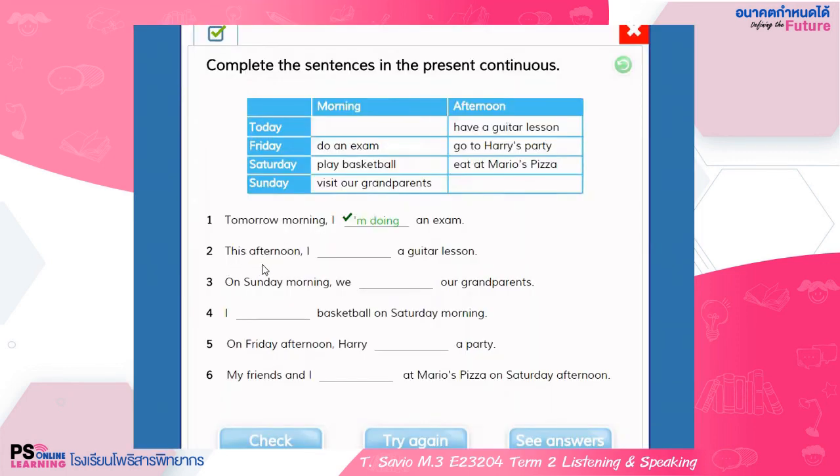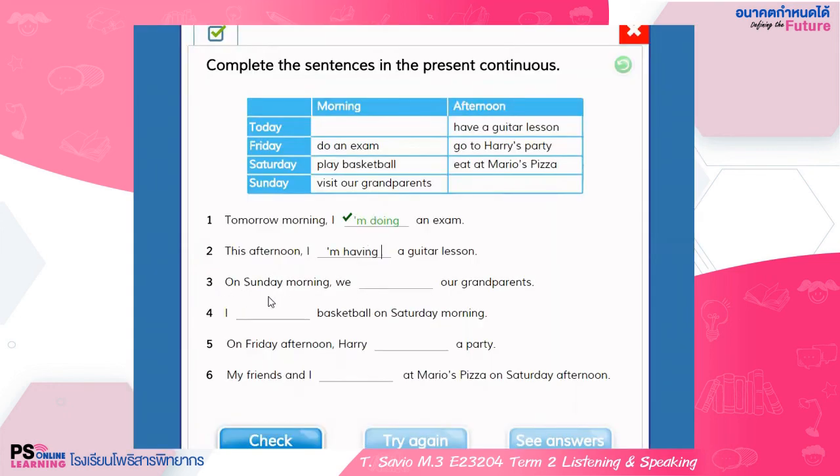Two, this afternoon, I'm having a guitar lesson. 3, on Sunday morning, we visit our grandparents.